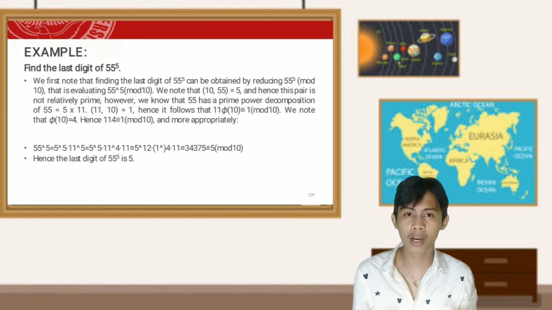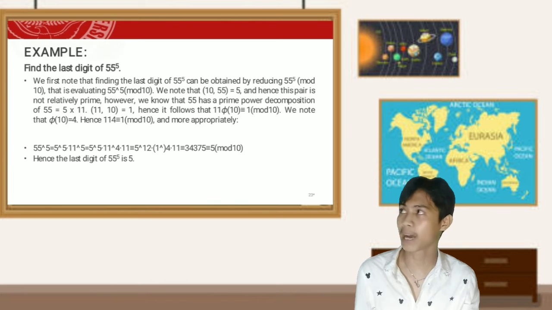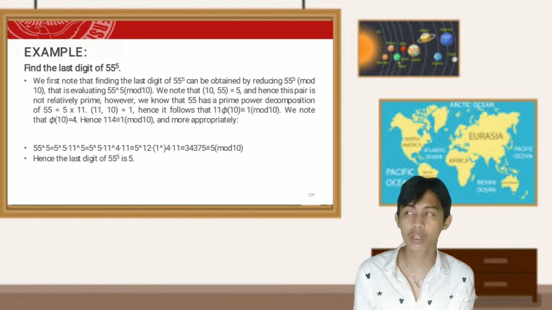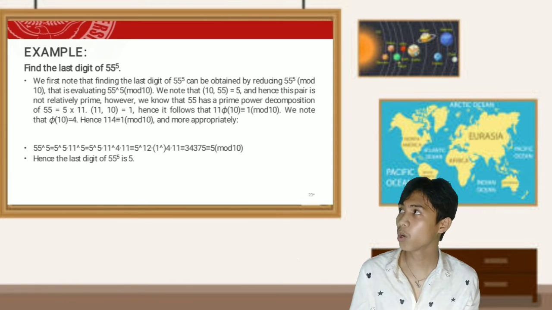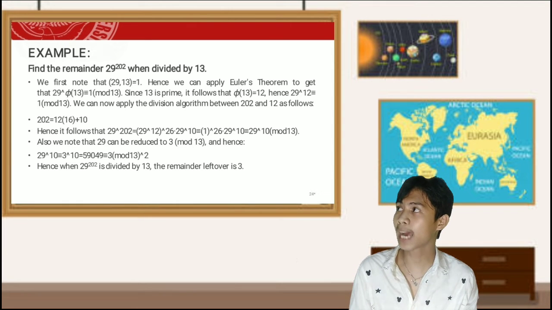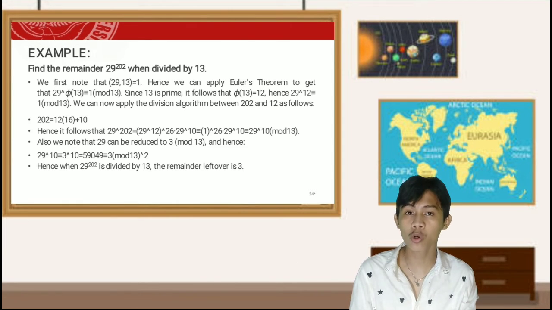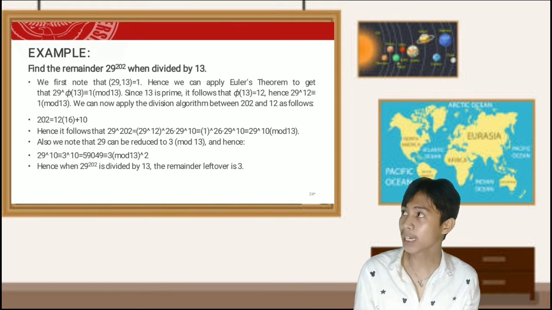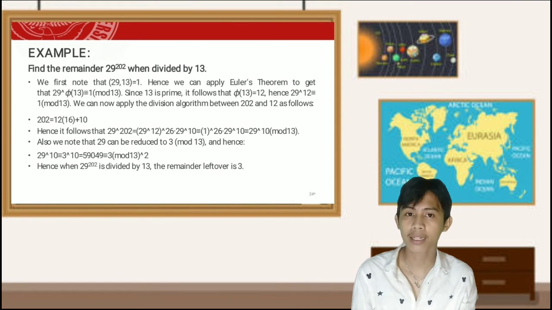We are going to have the second example so that we can further understand Euler's theorem. So, another example, find the remainder of 29 to the power of 202 when divided by 13. We first note that gcd(29, 13) is equal to 1.